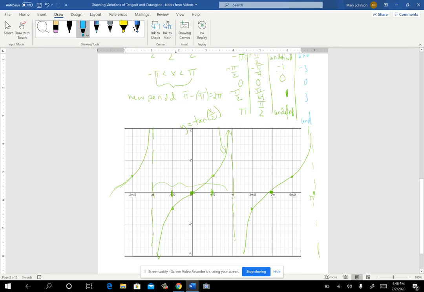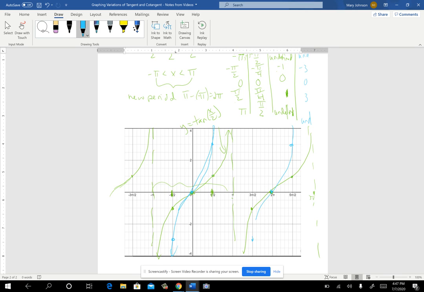All right, so where something used to be at 1, it's now going to be at 3. 3 times that. Still there. 3 times that. And so the basic look of it is just going to be more, still has to inflect, just more stretched. So this will be up at 3, still at 0, down at -3.